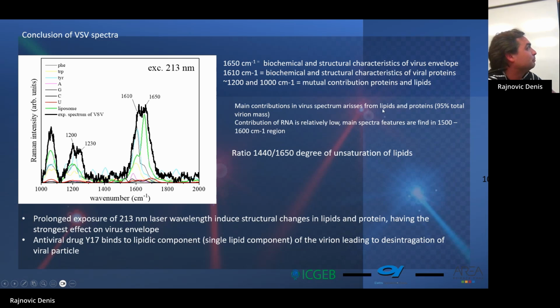The main contribution to viral spectra comes from lipids and proteins, because they make up 95% of total viral mass, and the contribution of RNA is relatively low. But its main spectral features can be found in the 1600 wave number region.